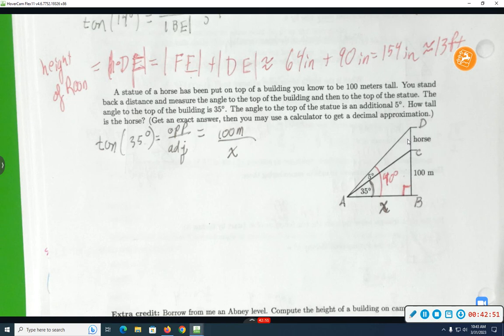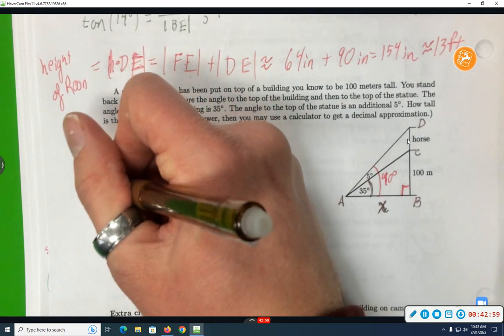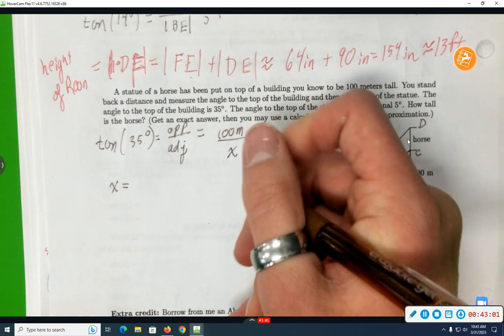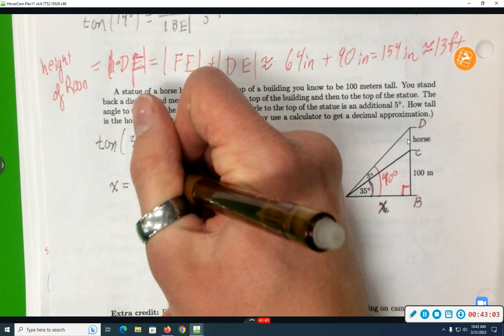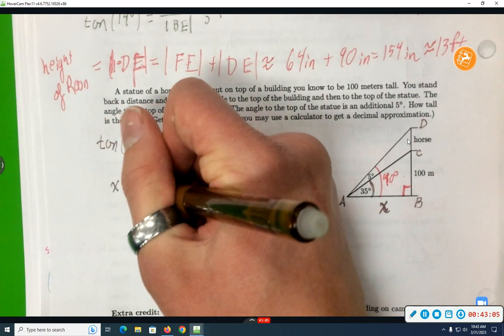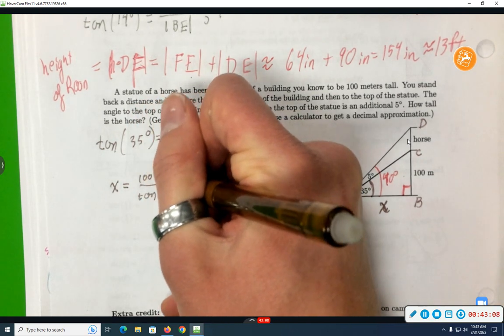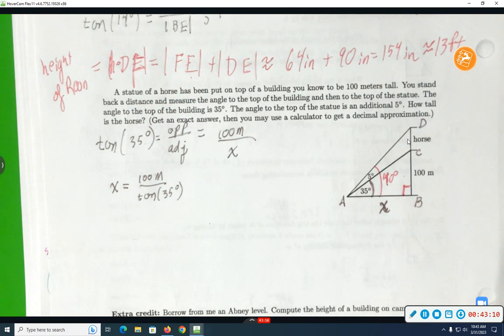So solving for that, I get x equals 100 meters divided by the tangent of 45 degrees. That feel pretty okay?